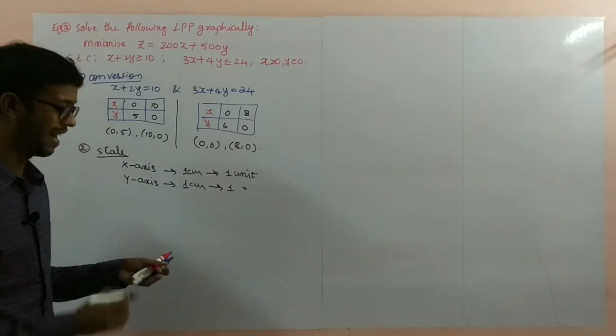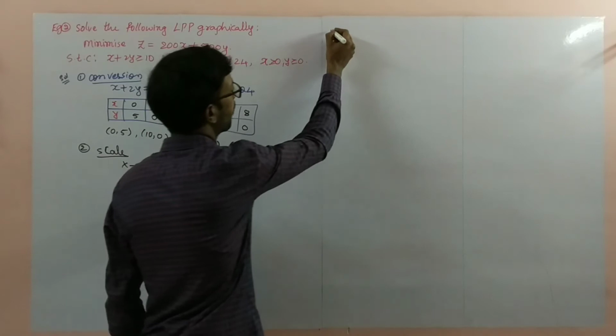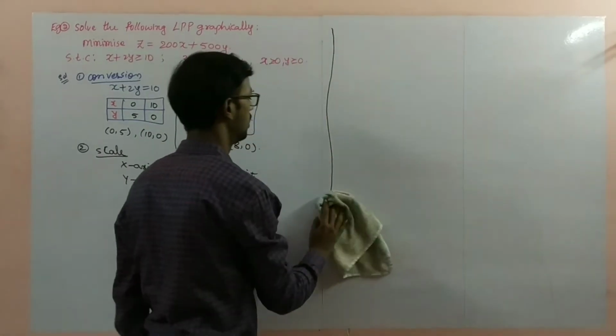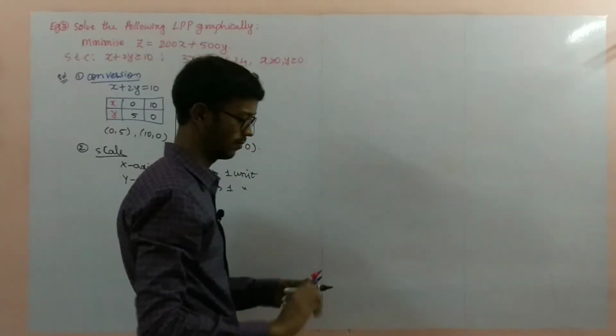So now draw the graph here. You have to draw straight lines in the graph sheet.